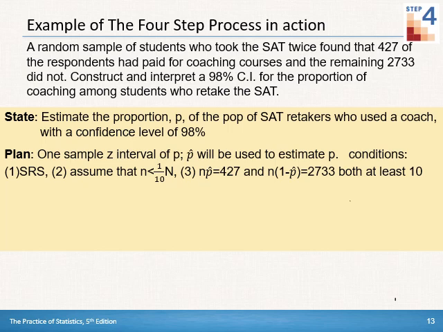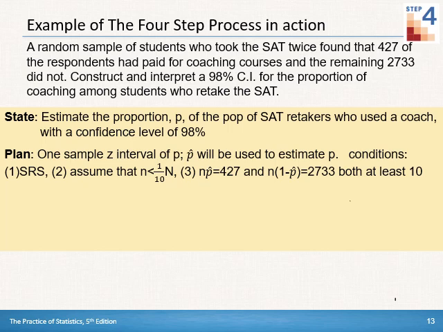And we need to check our large count condition. So again, not N times P, but N times P hat and N times 1 minus P hat. That's in our sample, the people who said yes, they did coaching, and people who said no. So it's the number of successes and the number of failures in our sample, because we don't know the population parameter. Both those values are greater than 10. That's our large count condition.